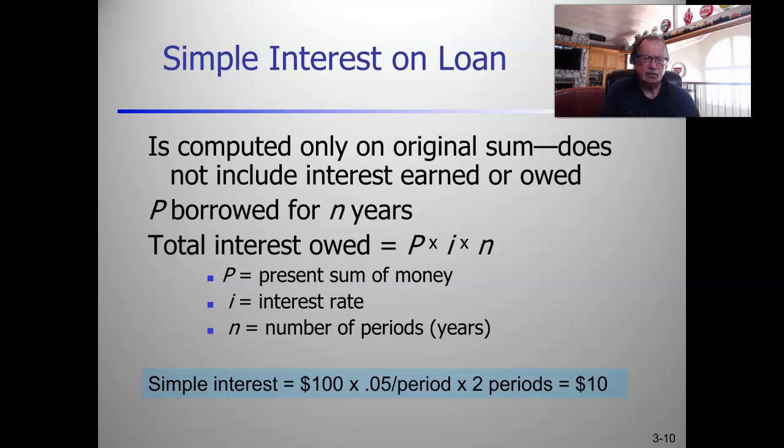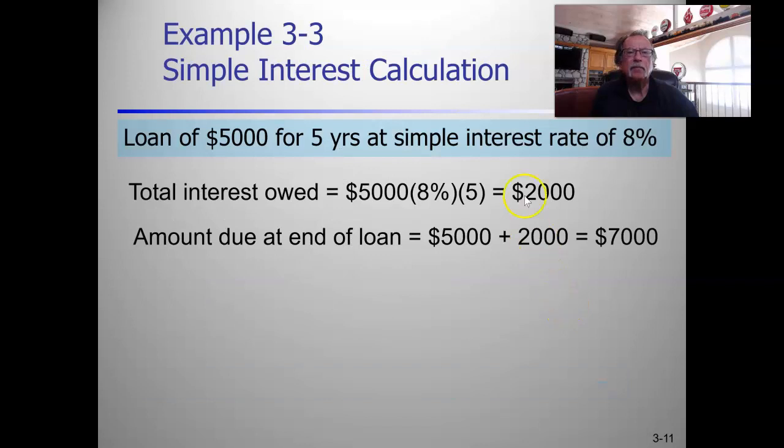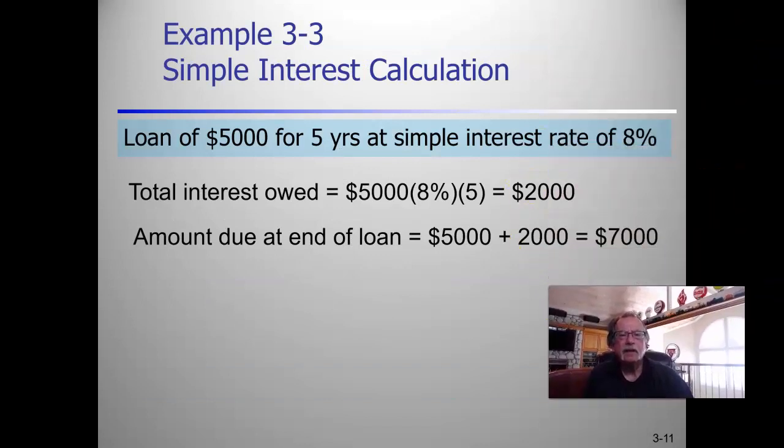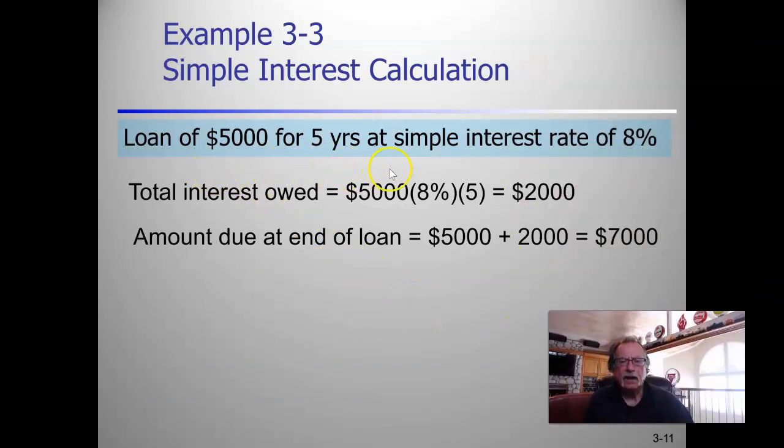But this is simple interest, so you do not include interest earned in the calculation. So if we have a loan of $5,000 for 5 years at a simple interest rate of 8%, the total interest we owe is $2,000, and at the end of the loan, we pay a balance of $7,000.